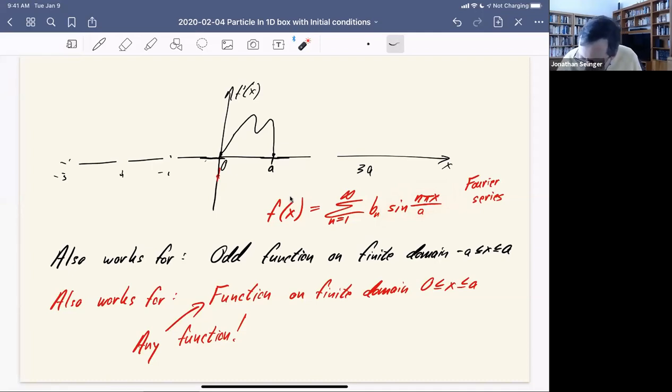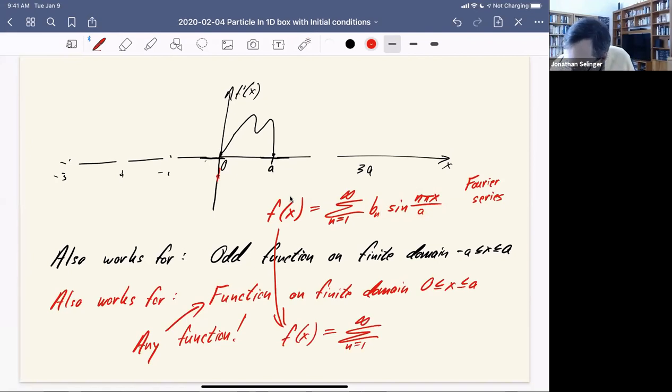So I could say f of x is the sum from n equals 1 to infinity of bn times square root of 2 over a times this little psi n of x. It's the same thing.